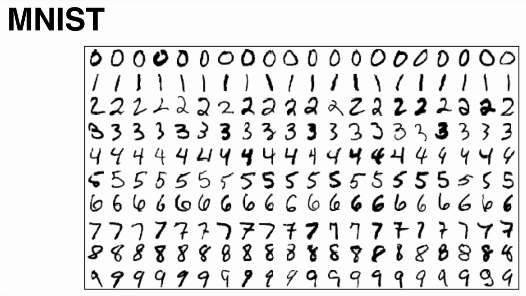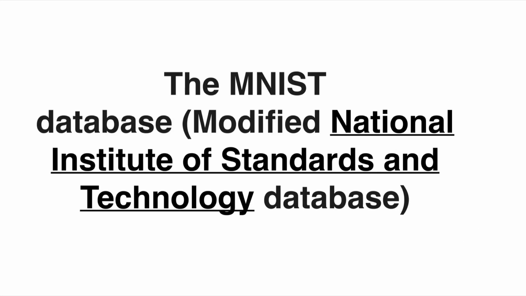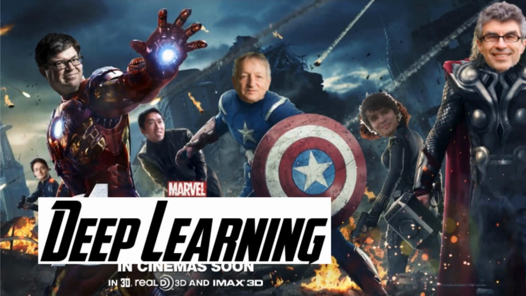If you're familiar with the old MNIST, this one is a cooler version. While MNIST was a database containing handwritten digits, and by the way, MNIST stands for Modified National Institute of Standards and Technology Database. A little trivia: this database was created by one of the deep learning superheroes.